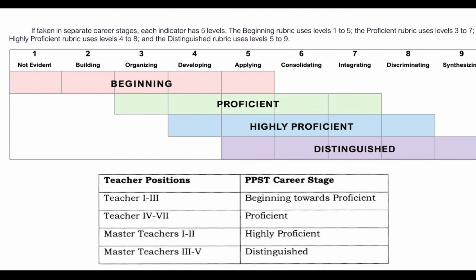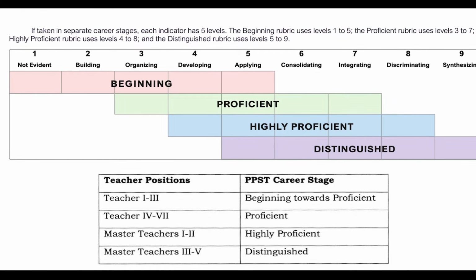In short, if you are a beginning teacher, you are rated at a lower standard as compared with a teacher who is rated under proficient. For example, if you are Teacher 4, your lowest possible grade starts with organizing, which is 3.